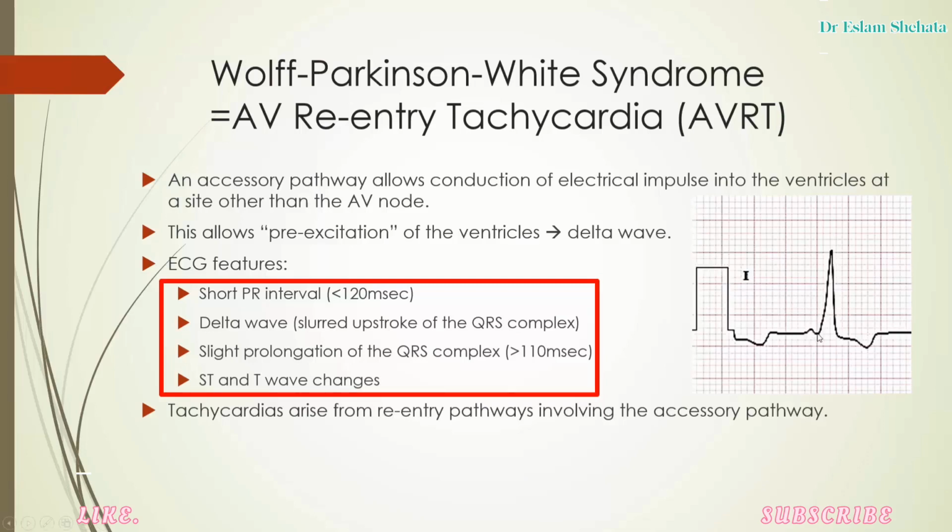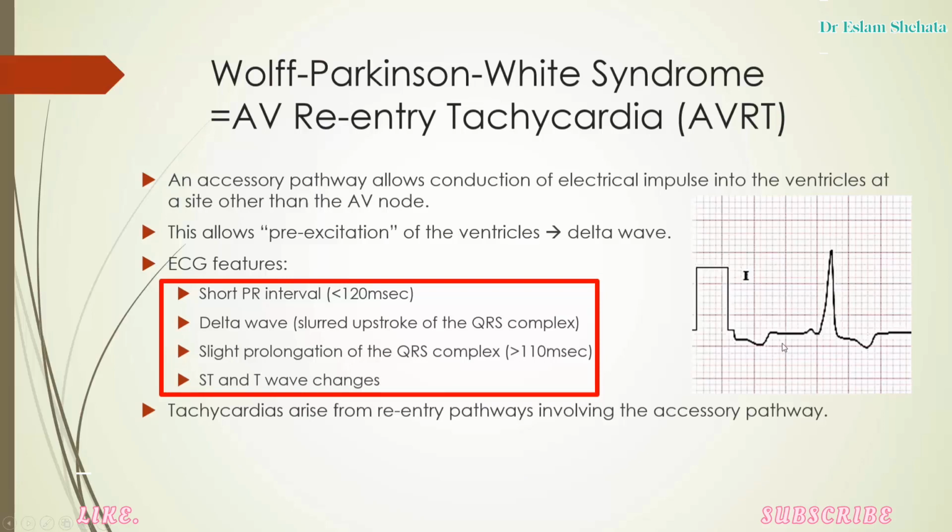So while the AV node is waiting, the accessory pathway just starts to conduct, and so the QRS complex begins early. So the PR interval will be short, less than 120 milliseconds, so less than 3 small squares. You can see in this case it's about 2.5 small squares.